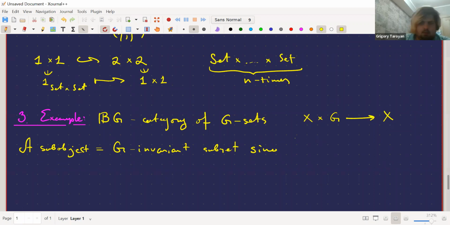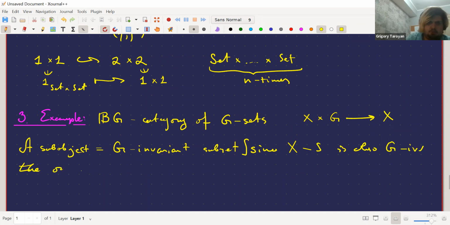Since X without S is also G invariant, the ordinary characteristic function will do the job of classifying subobjects.